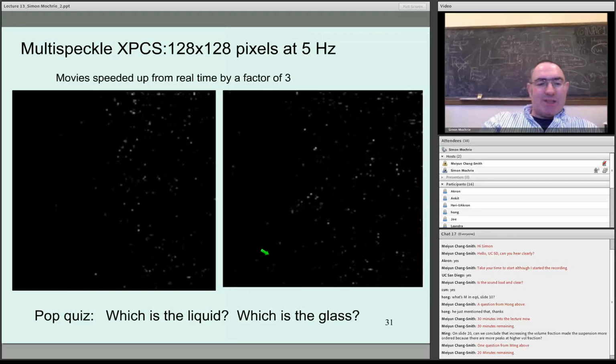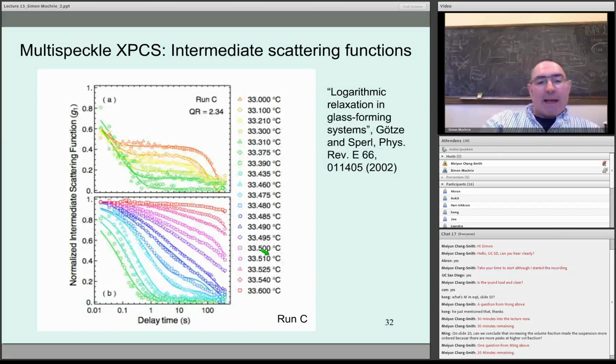So in just the same way that I described before, we calculate the intensity autocorrelation function pixel by pixel, average over all wave vectors that are equivalent to each other, and then plot these data as a function of time.